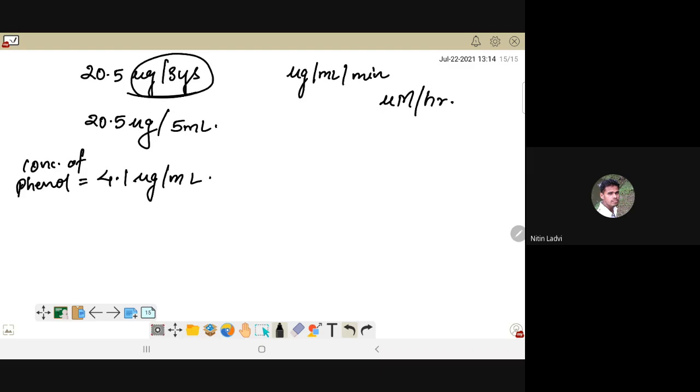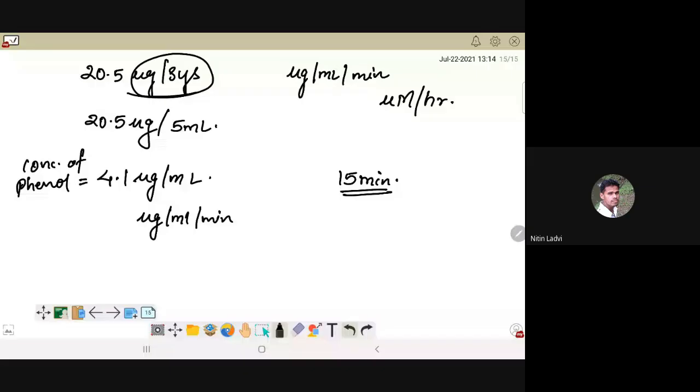Now, for the time aspect, we incubated it for 15 minutes. So if I have to express it as micrograms per ml per minute, then I am going to divide 4.1 by 15 to find out how much will be produced per minute.